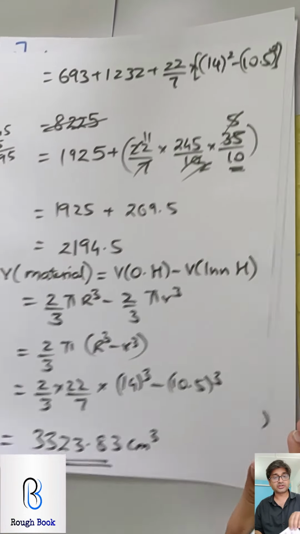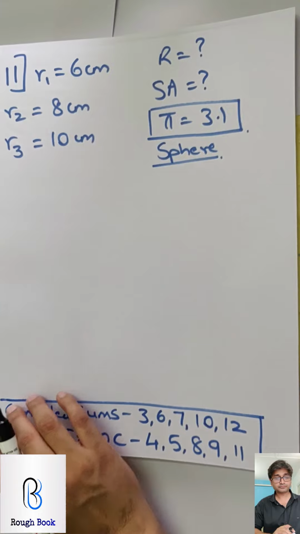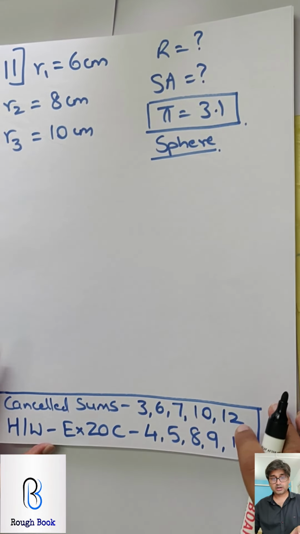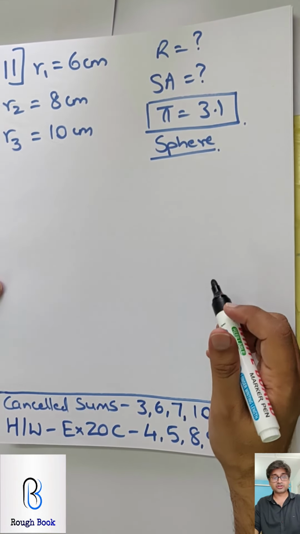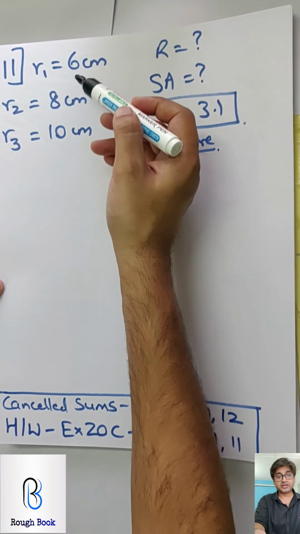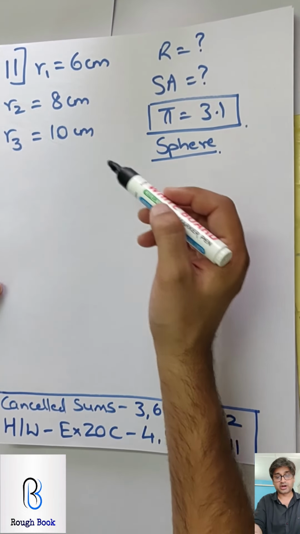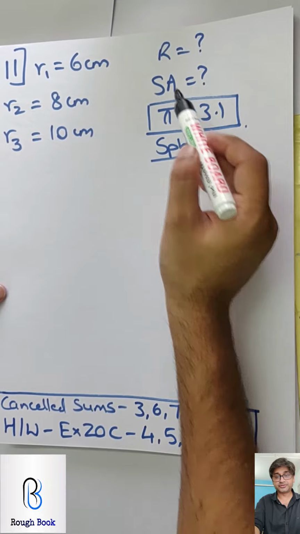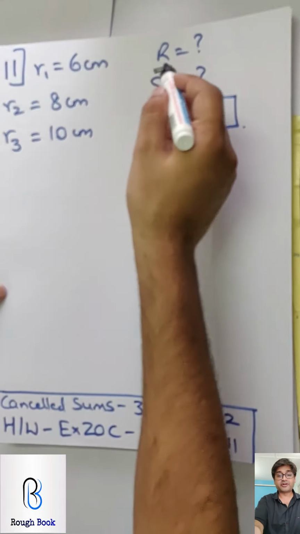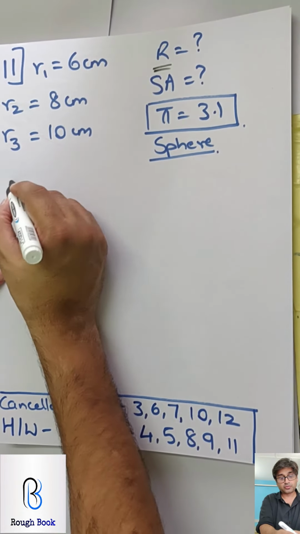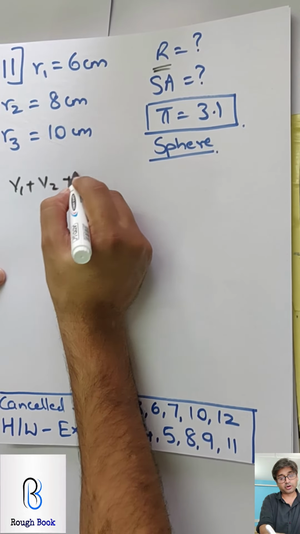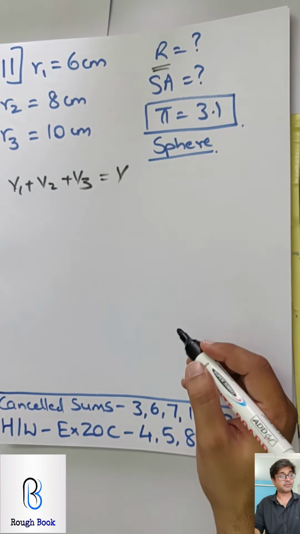Let's go on to our last question, sum number 11. I will tell you all the cancelled questions, so don't worry. There are 3 spheres with radii R1, R2, R3 melted into a bigger sphere with radius R. So find the value of this R. So volume 1 plus volume 2 plus volume 3 is the big volume.